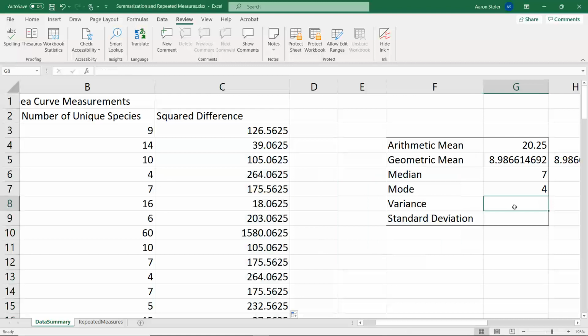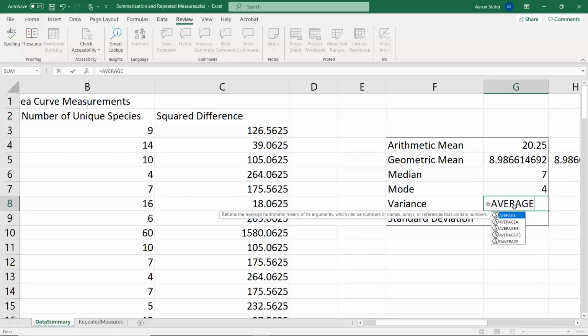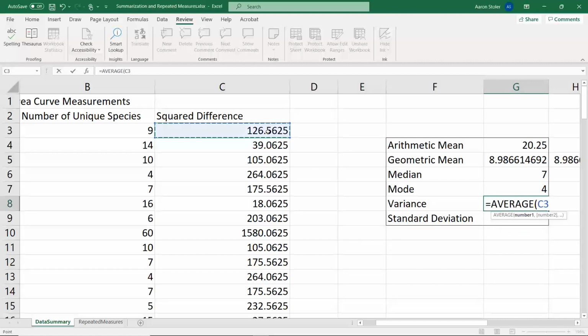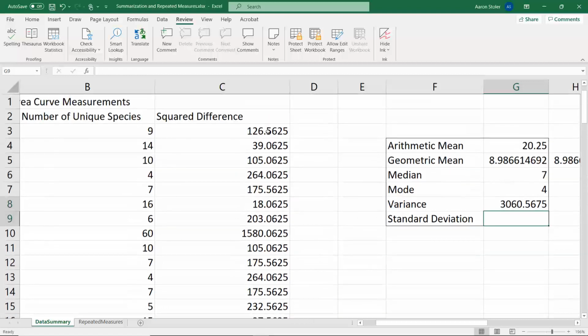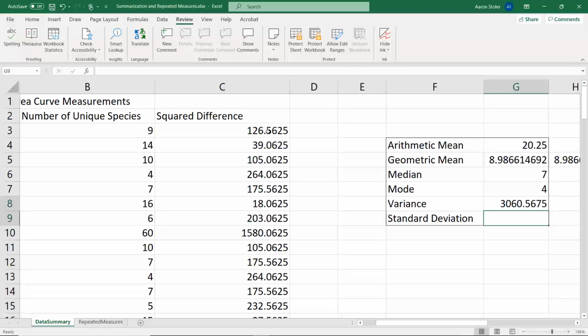The variation is equal to the average squared difference. So it is tempting to type in average of the squared differences like that, and you would be almost correct, except we don't divide by the total number of replicates, rather we divide by the total number of replicates minus 1. And for a better explanation of that, you needed to have attended class.